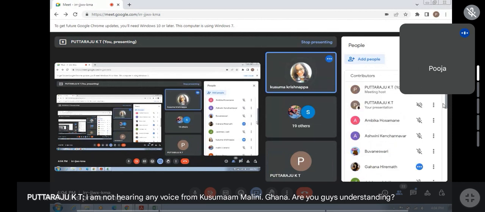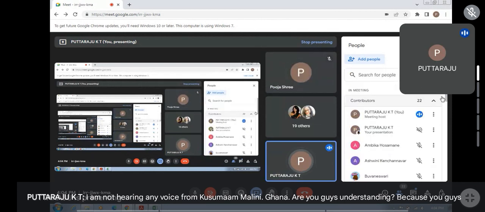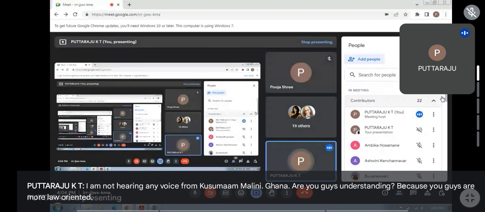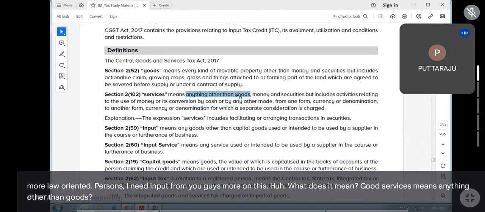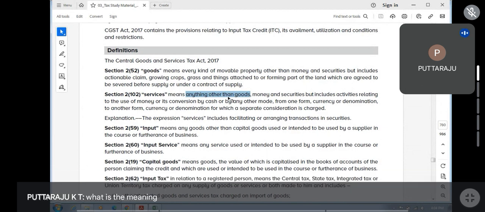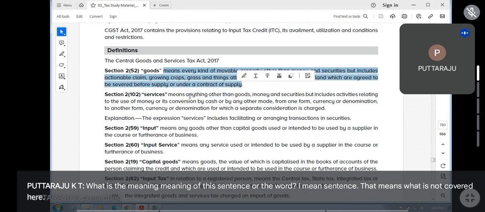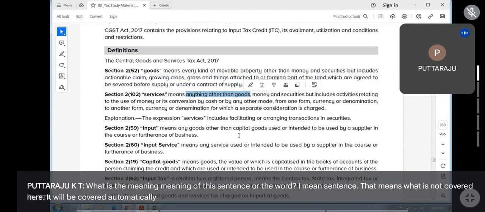Because you guys are more law-oriented persons, I need input from you guys more on this. What is the meaning of this sentence? That means what is not covered here will be covered automatically in service, right?